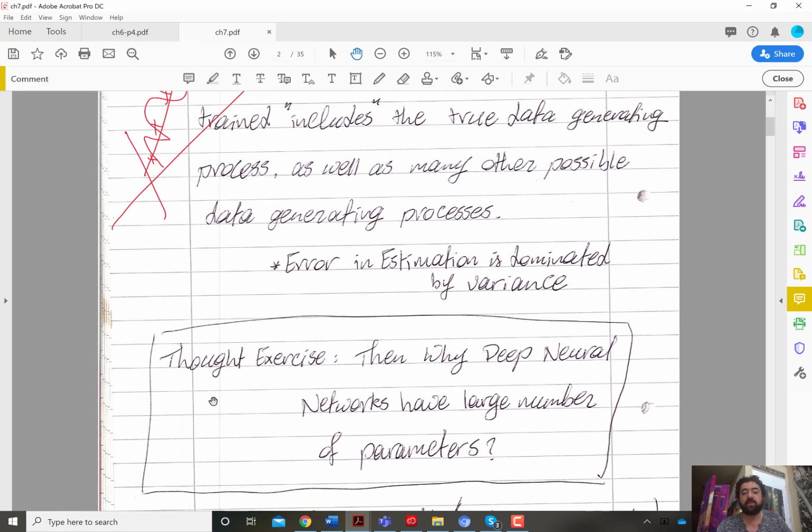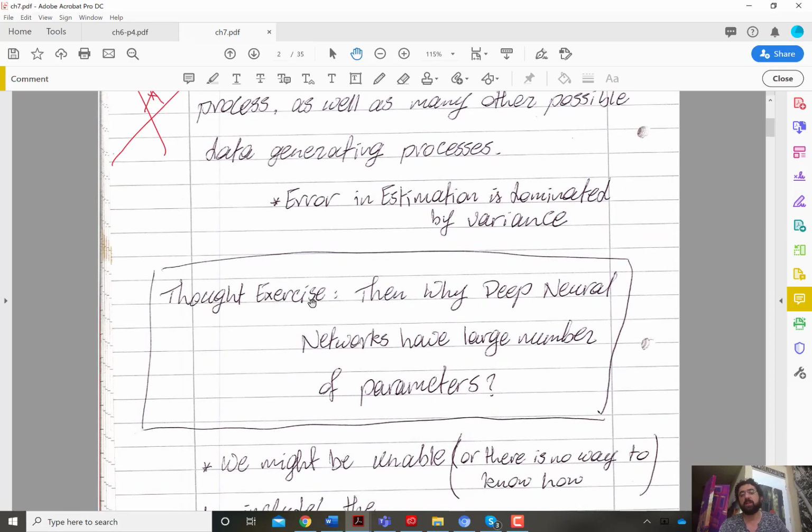Before concluding this video, I want you to have this thought exercise. If regularization suggests choosing simple solutions, then why is it the case that deep neural networks typically have a large number of parameters? While you're thinking about this, the answer to this question, I think, will suggest a lot of ideas that I don't even have in mind right now, but it's a good question to think about.